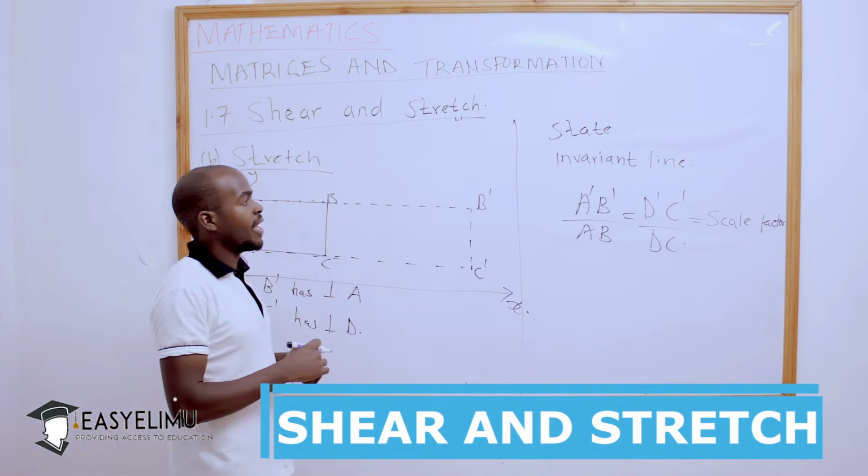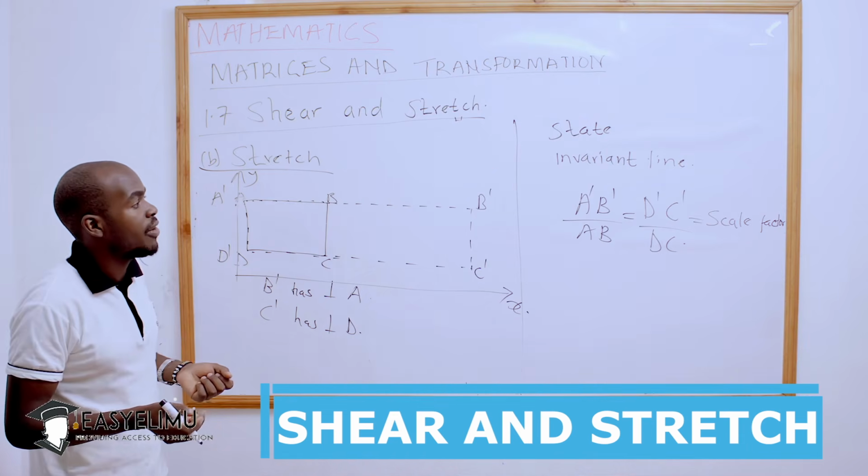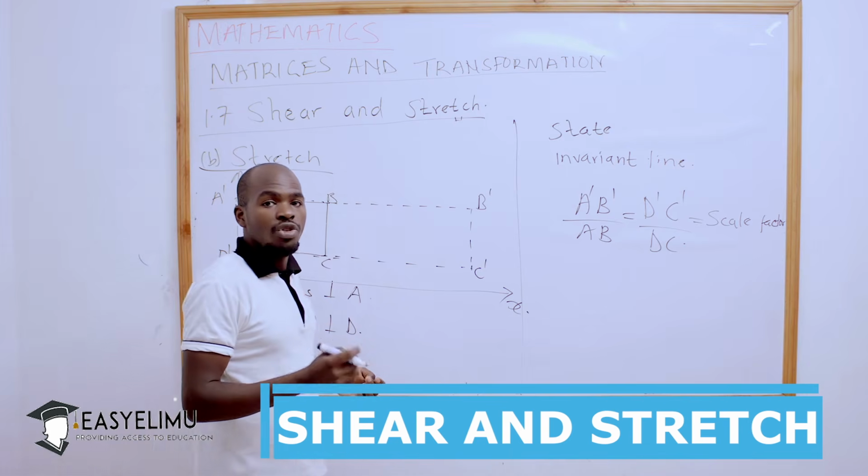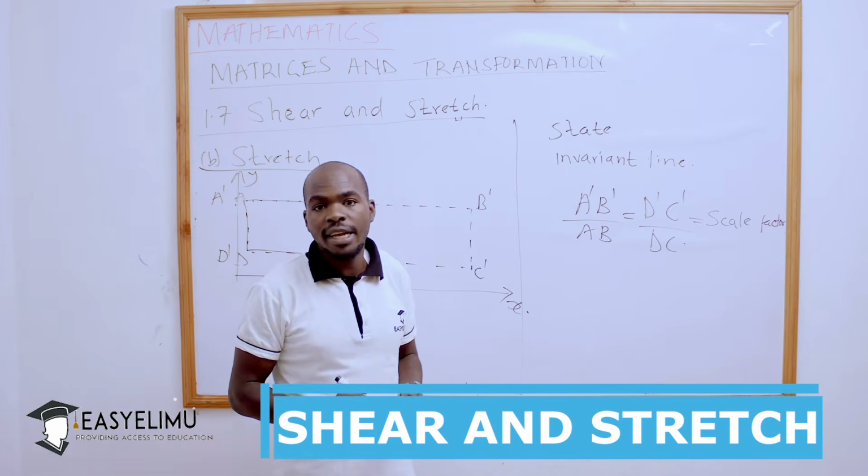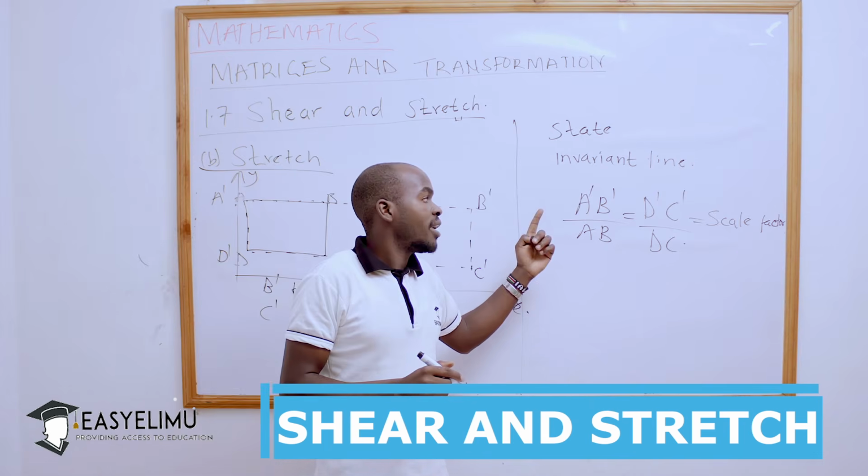If you have been given any kind of matrix and you draw it down, then you should state the line which is invariant and also state the scale factor.